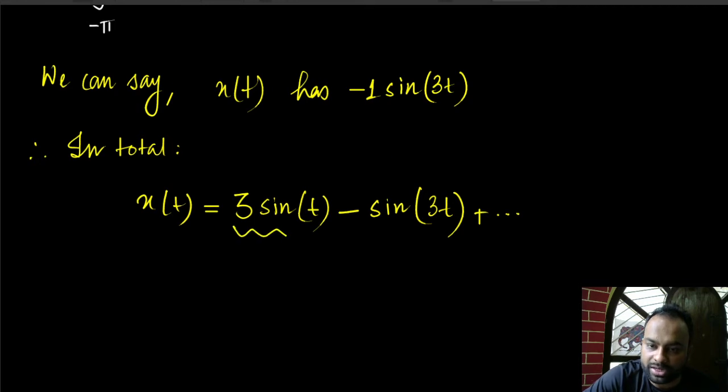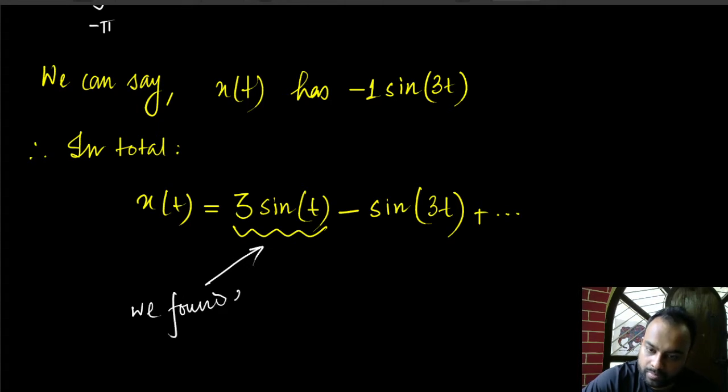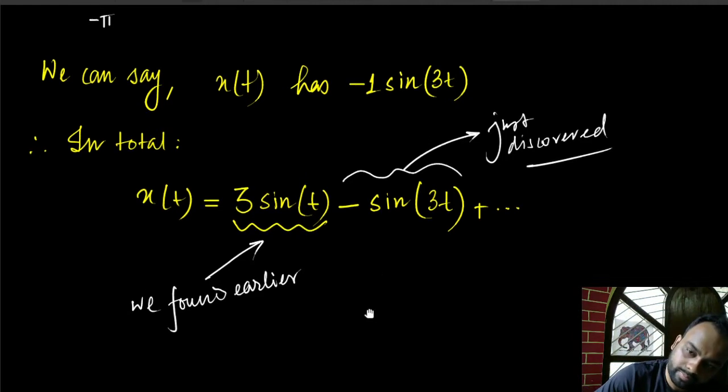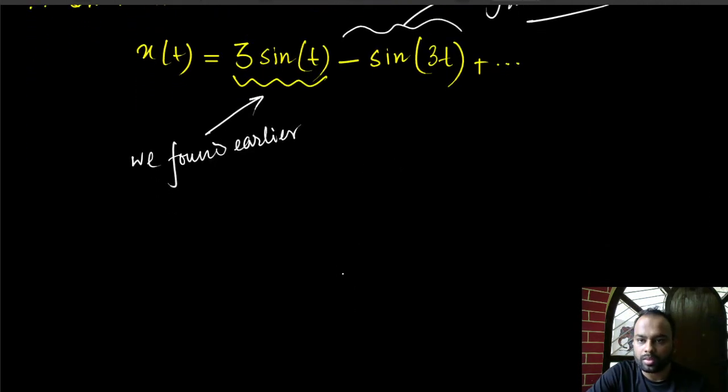So this is something we discovered earlier, by doing some other integration, and for this we just discovered. I think this is understood, right?